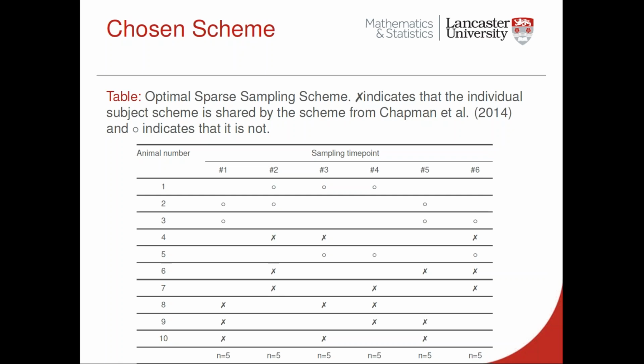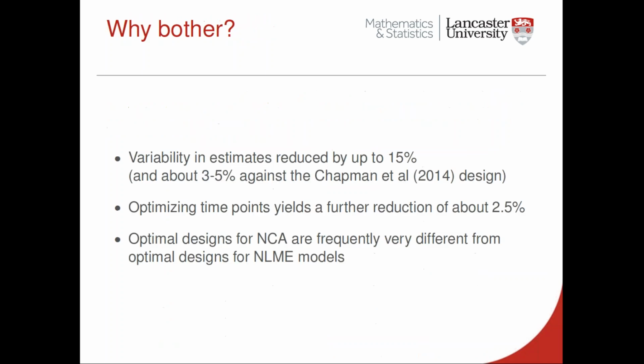When you see an X, that same sampling scheme is proposed as part of the scheme in Chapman. Where you see a circle, it has been replaced with a different sampling scheme than the one that was proposed in the publication. So you can see that while 6 out of the 10 different schemes are the same, there are also 4 that are different.